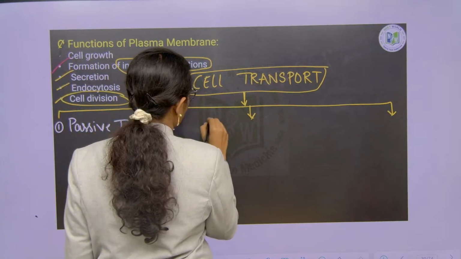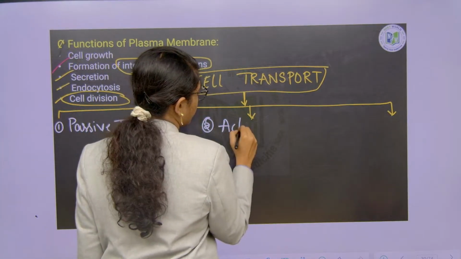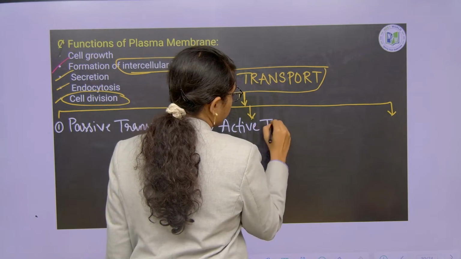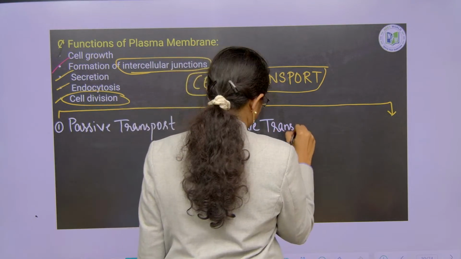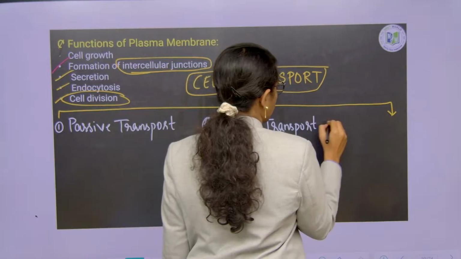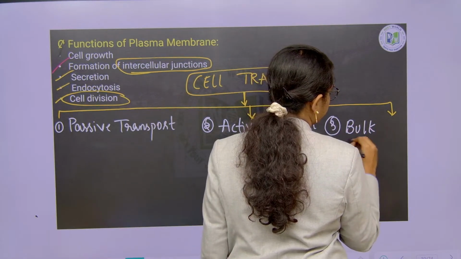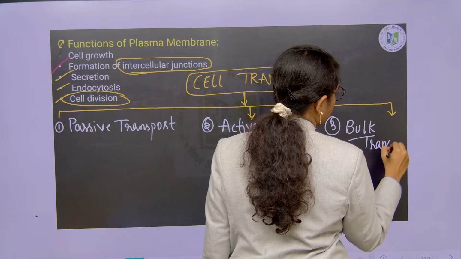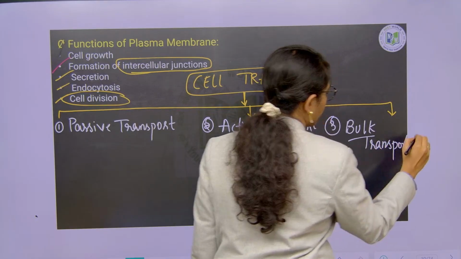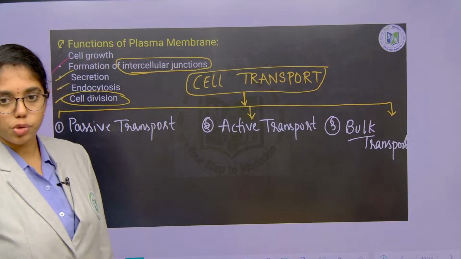Second, active transport. Third is bulk transport. So first we will see passive transport.